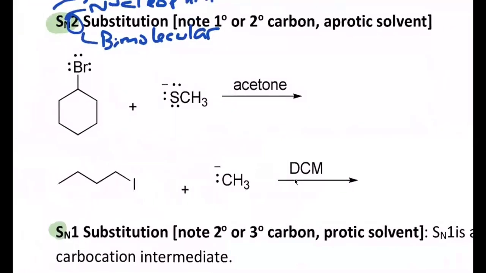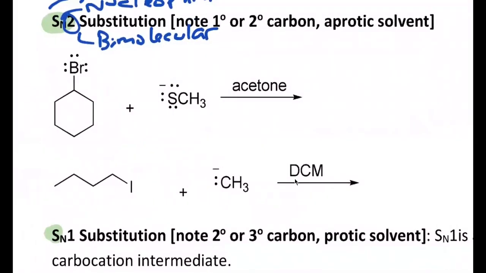Which one of these two in this very first reaction do you think is the nucleophile? The SCH3. Good, good. This is your nucleophile. You know that because it has lone pairs, it has a negative charge, and nucleophiles are electron pair donors, right? Lewis bases. So that's your nucleophile.